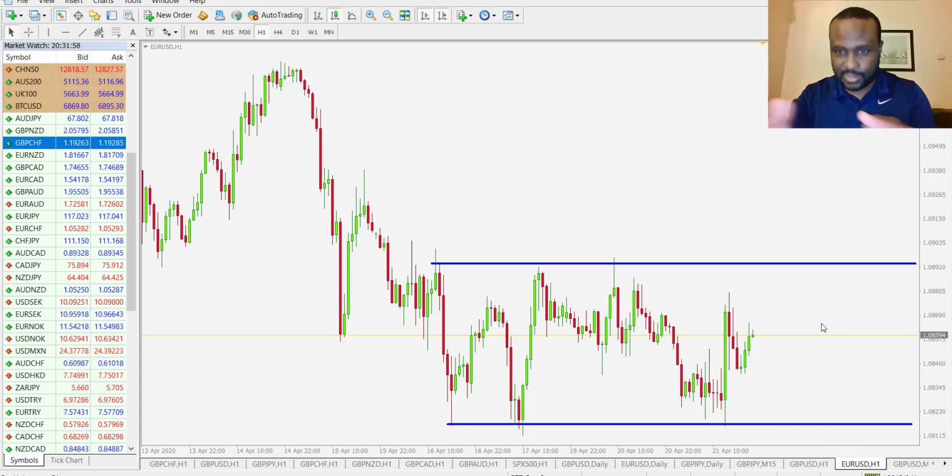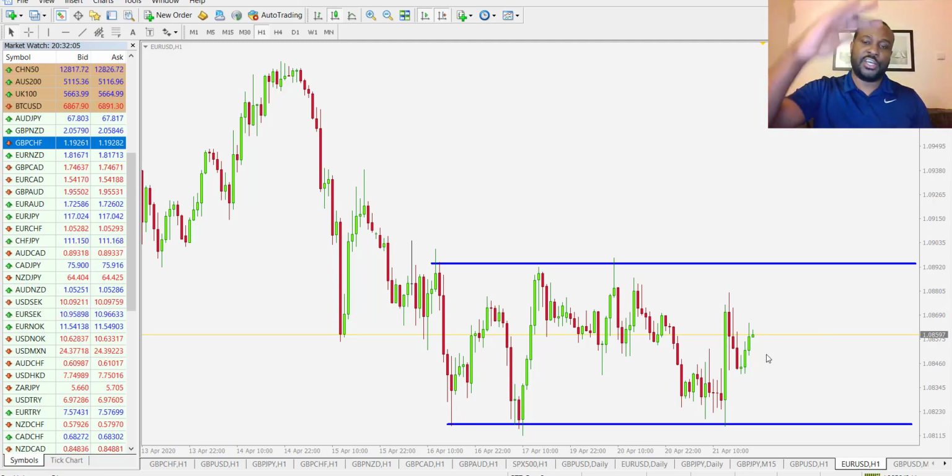Now, I'm not saying this is a strategy, but yes, there are strategies that are based on principles like what I've just said, that you just have a range where price moves up and down, oscillates up and down. And so when price gets to the bottom level, you buy. And you can see clearly here, how many pips from here.